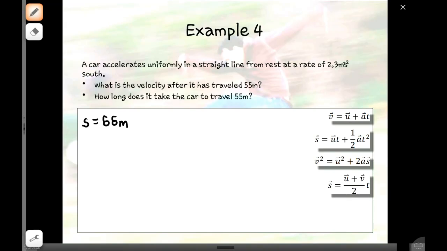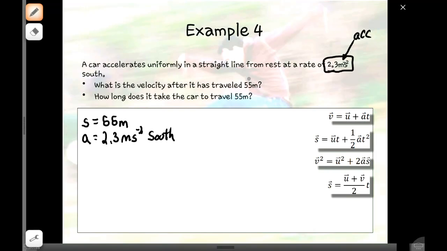And then as I read along, we have this number right here. And this meters per second squared tells me that that's got to be an acceleration. So my acceleration equals 2.3 meters second to the negative 2, and this is south. And there's something else that I know just from the words.